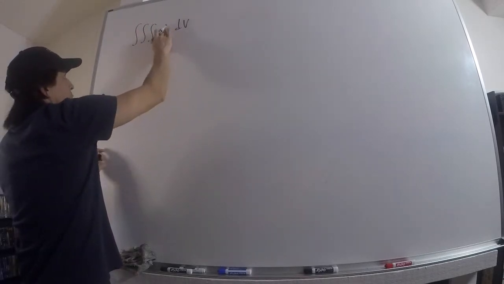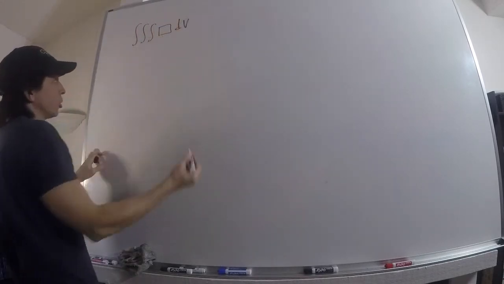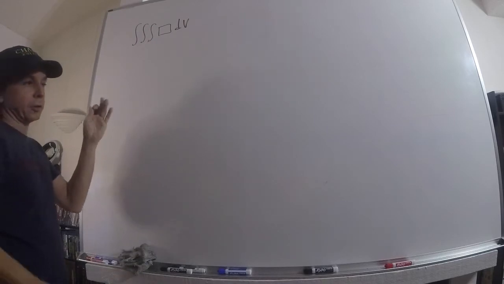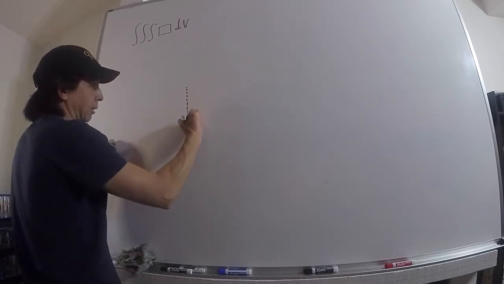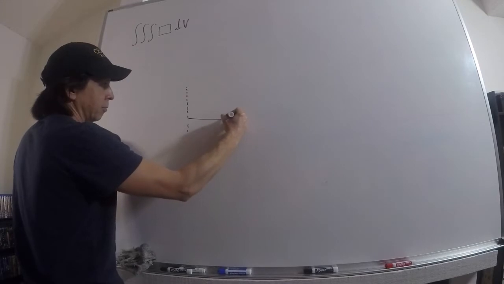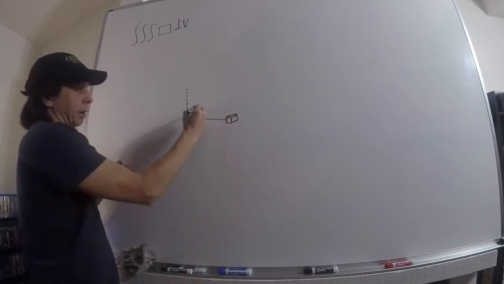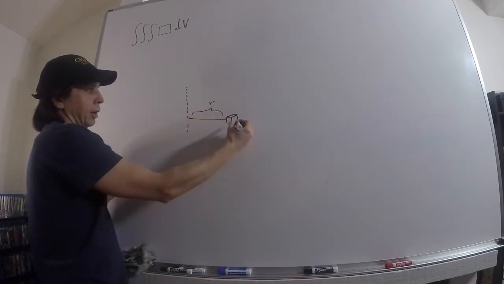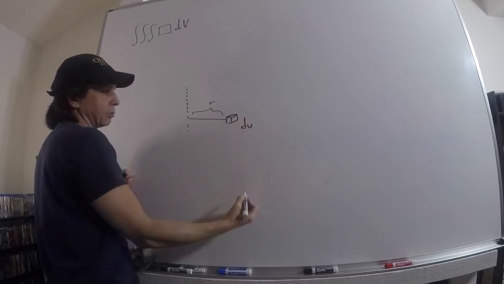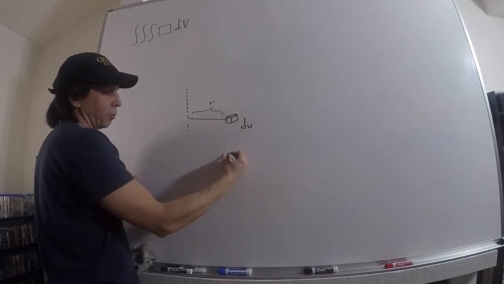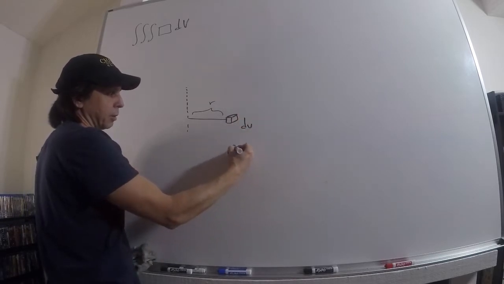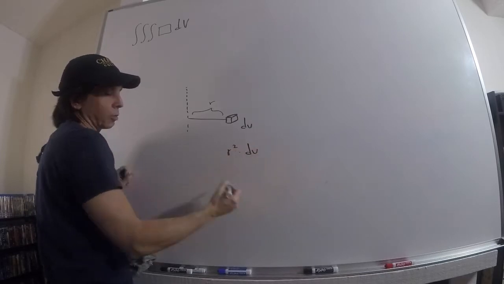When you're actually trying to do your moment of inertia, you're going to be putting something there that's related to your axis, and a little chunk of that region is going to have a radius there and a weight, a little dV weight maybe, and your moment of inertia is going to be r squared times that, or something to that effect.